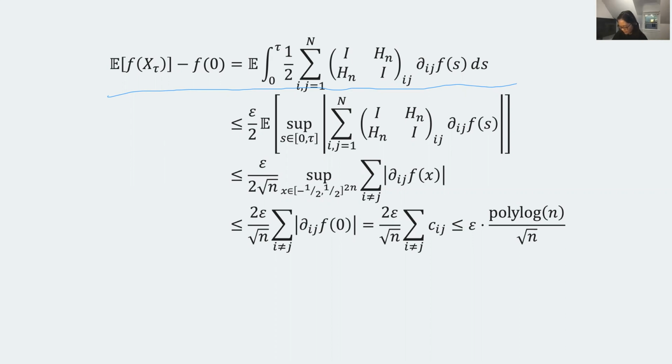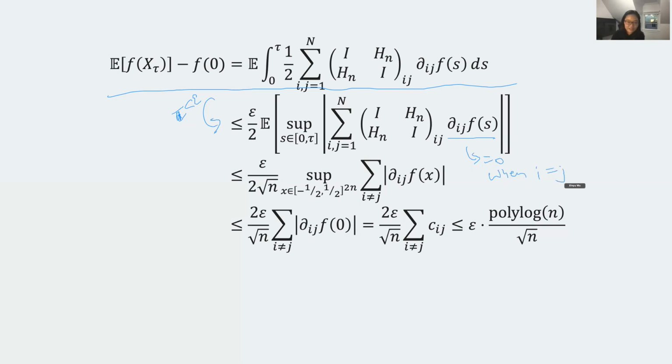From here to the next step, I just use that tau is less than epsilon, and then I take the supremum over the integral, and then next I observe that this is equal to zero when i equals j.